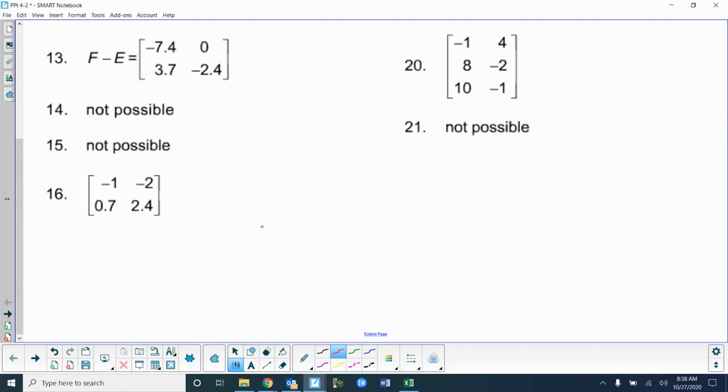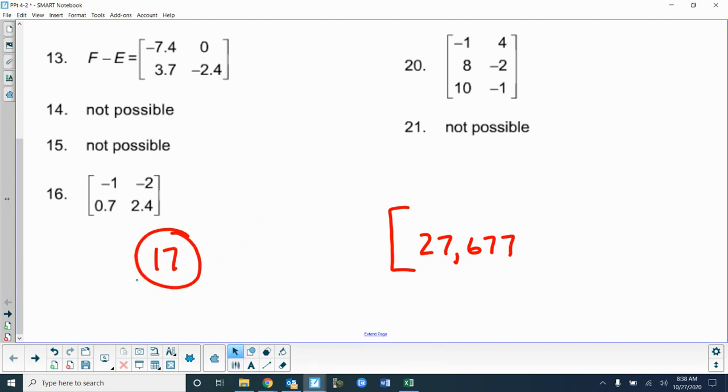But our numbers, our little matrix, were 27,677. And I'm going to need to have more room here, aren't I? Do this.